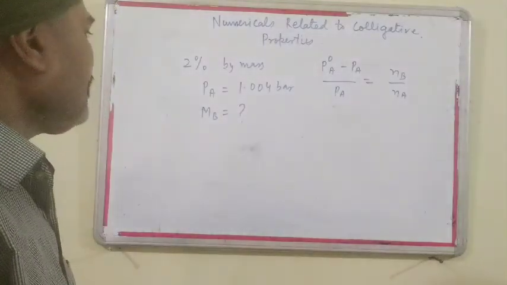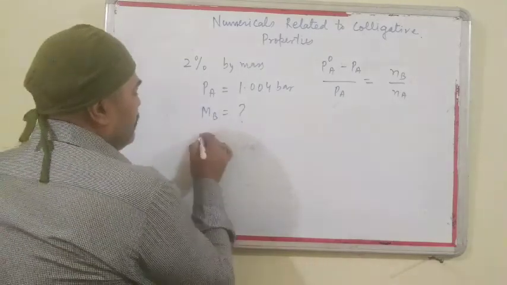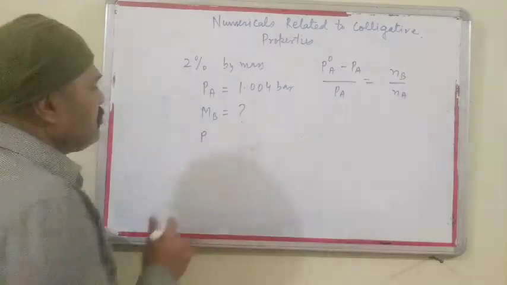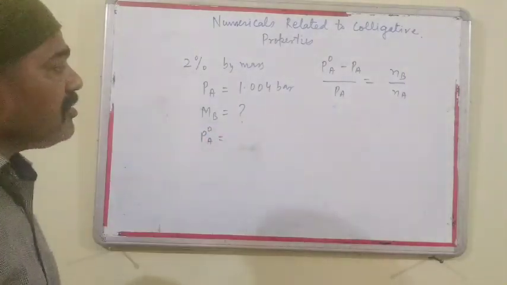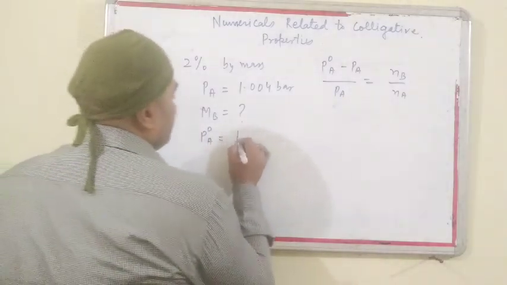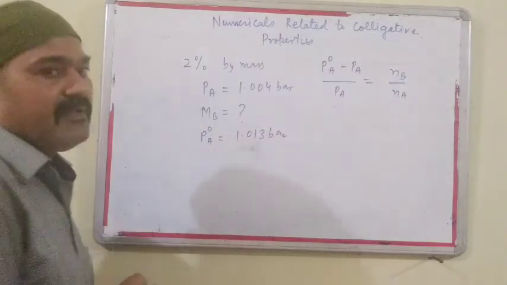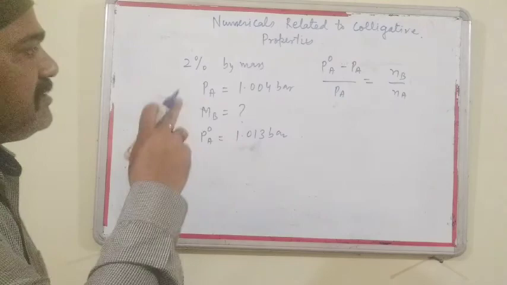Now we very well know the vapor pressure of the pure solvent. Here the solution is aqueous, so that is P0A, and at normal boiling point its value is 1.013 bar. Okay, clear?